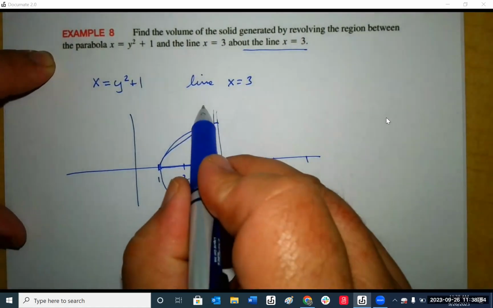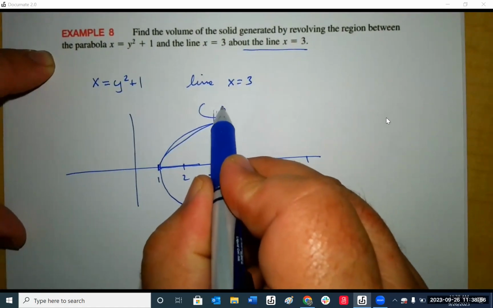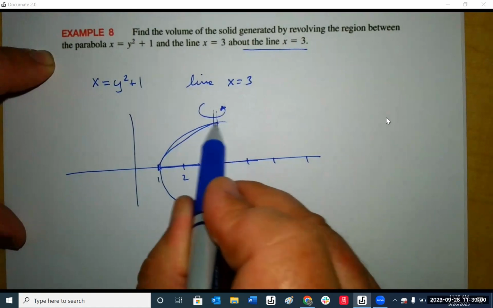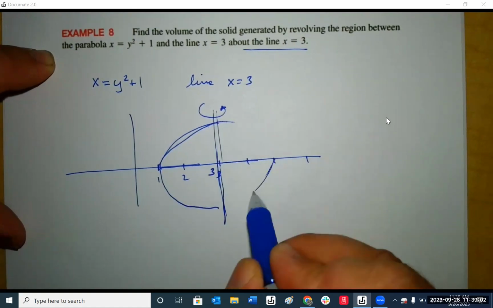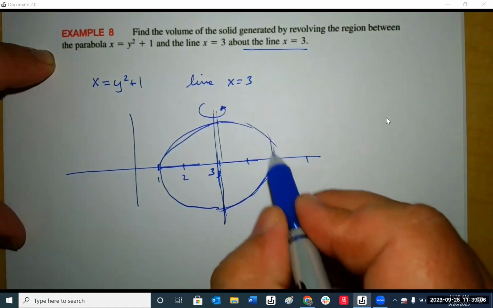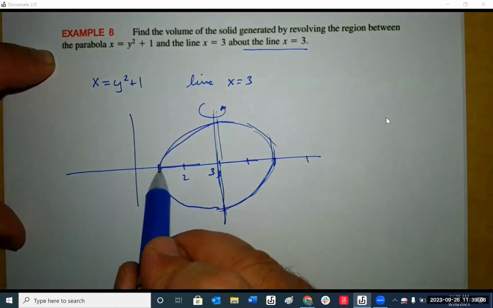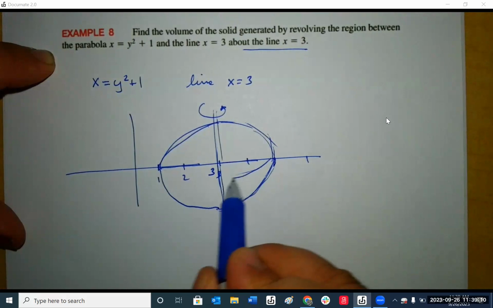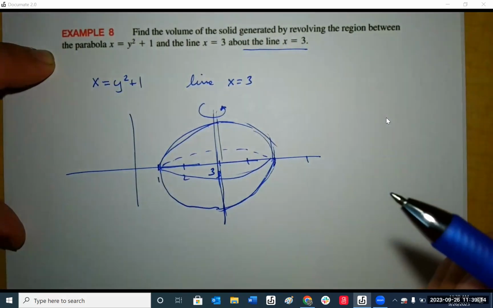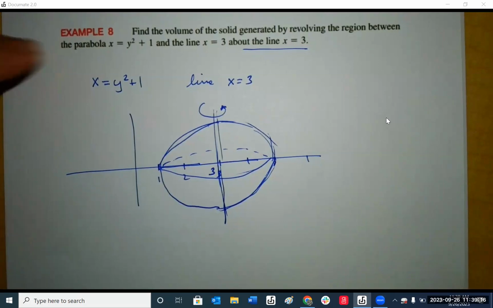So it's rotating about this line. It's going to look like that.